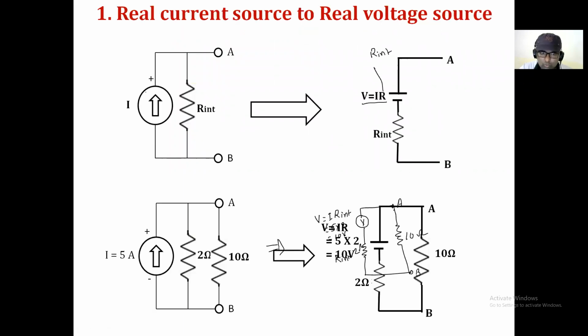So forget about the title, but I can consider voltage source to current source. Which one we discussed? Current source to voltage source. Let me consider a current source having a different value.